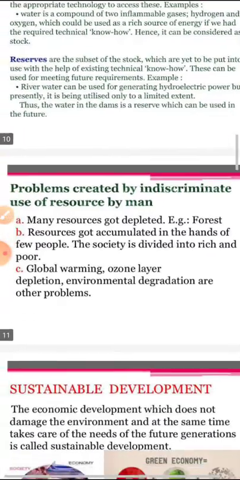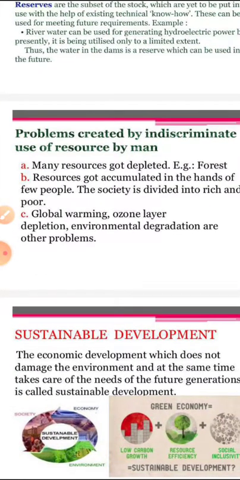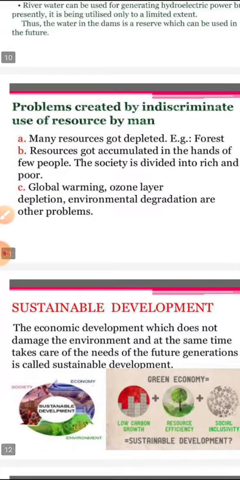Now we'll discuss the problems created by indiscriminate utilization of resources. All of you know that we people have been utilizing the resources indiscriminately, without any planning, without any thinking, and due to overexploitation of resources, we are facing different types of socio-economic and ecological problems.